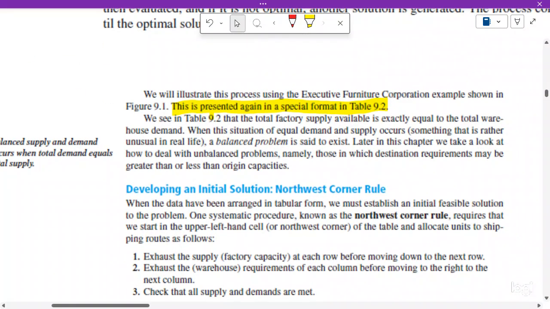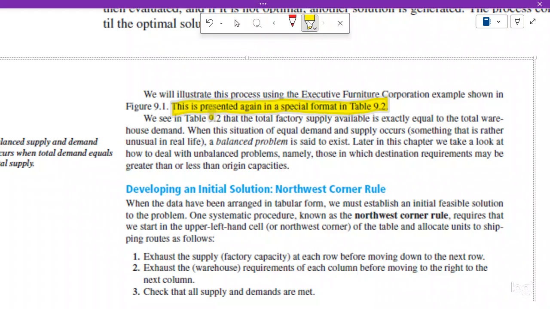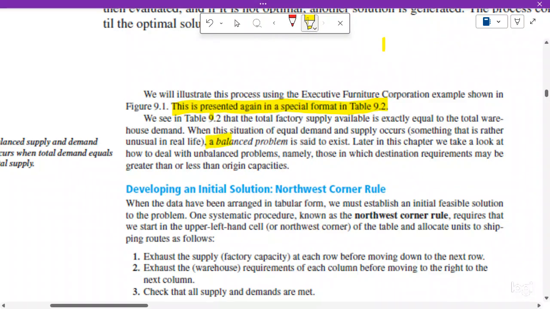We see in table 9.2 that the total factory supply available is exactly equal to the total warehouse demand. When this situation of equal demand and supply occurs, something rather unusual in real life, a balanced problem is said to exist. So this is a balanced problem.